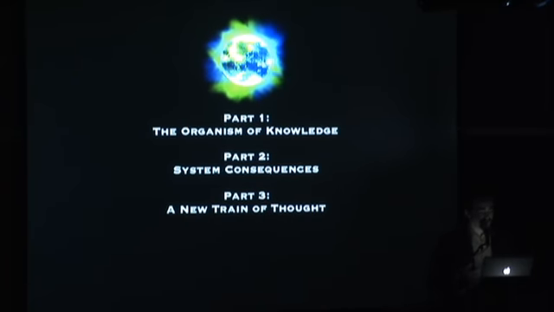In the second section, system consequences. As I've already alluded to, we live in a system. We organize systems around us. I'm going to take some of the most commonly cited concerns within our current model and expand on those to express an underlying structural source, which is also an underlying structural psychology that unfortunately many do not recognize.